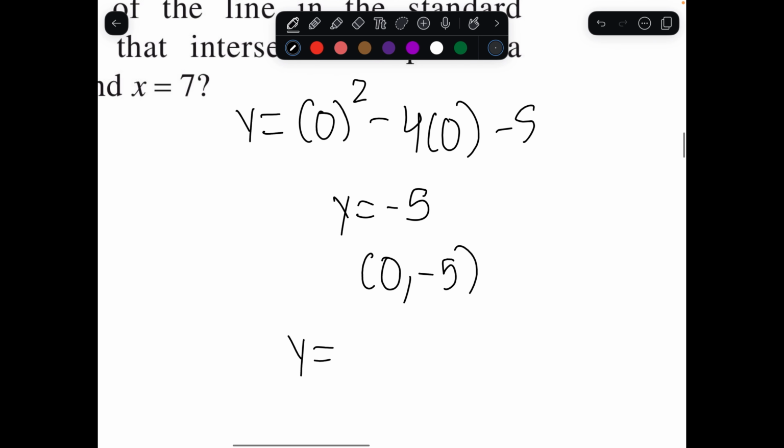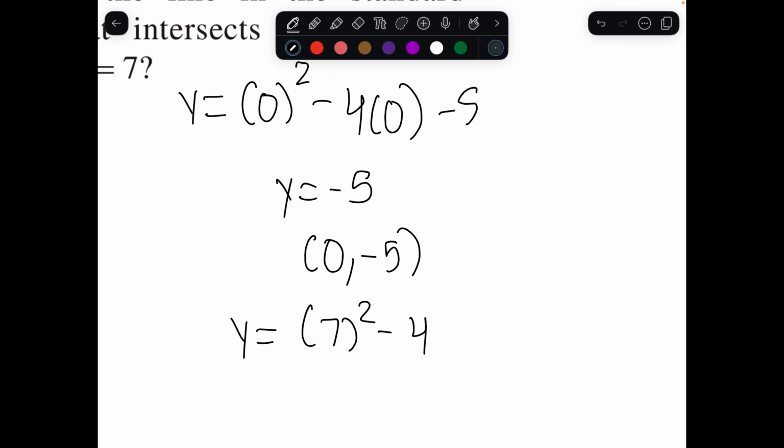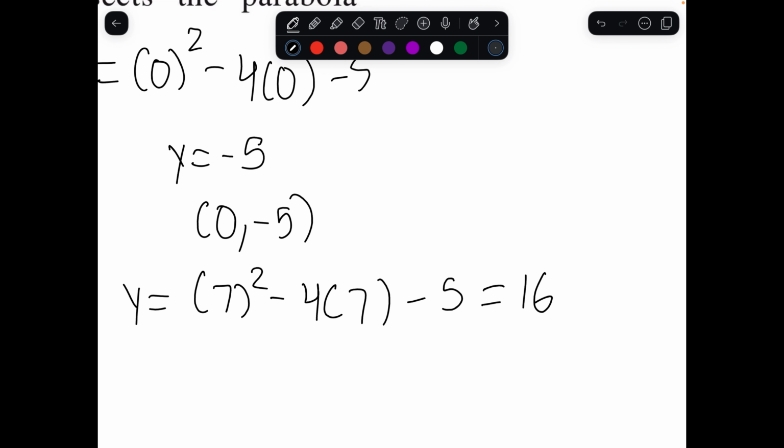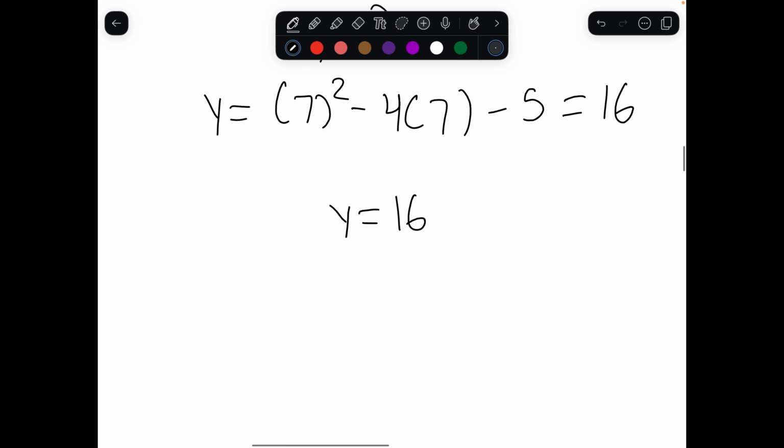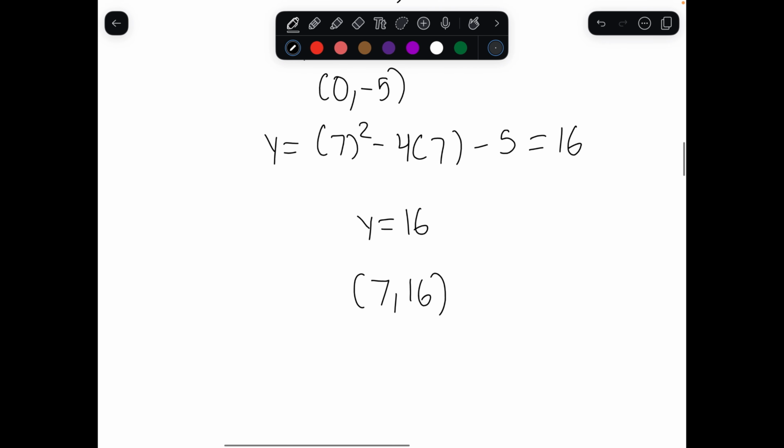If I plug in 7, 7 squared minus 4 times 7 minus 5, this is 16. So the other point on the parabola is 7 comma 16, right?